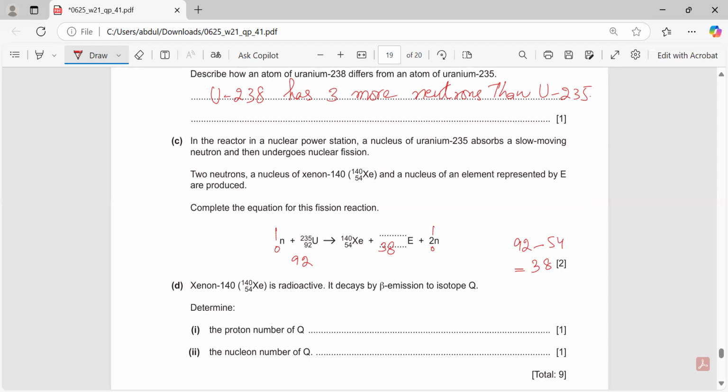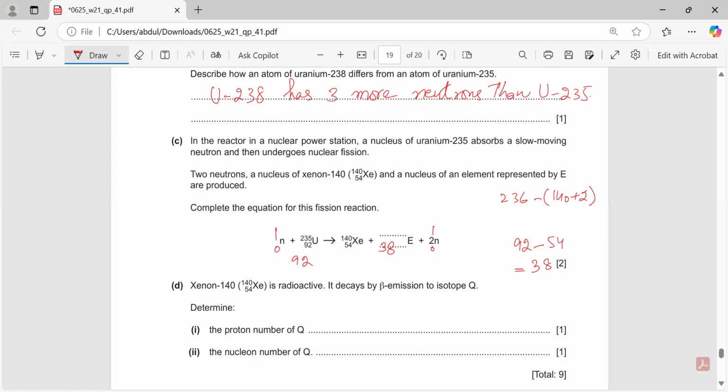Now nucleon number. Total 236. 235 plus 1 minus 140 plus 2. Why plus 2? Two neutrons are there, and one neutron has mass number 1. So 1 times 2, 2.